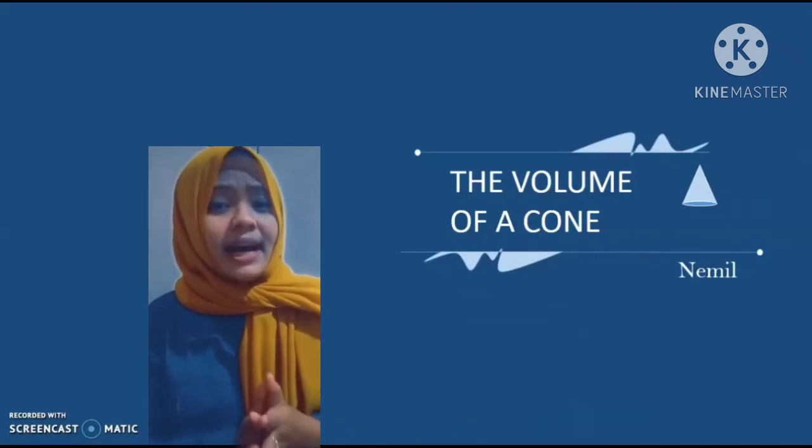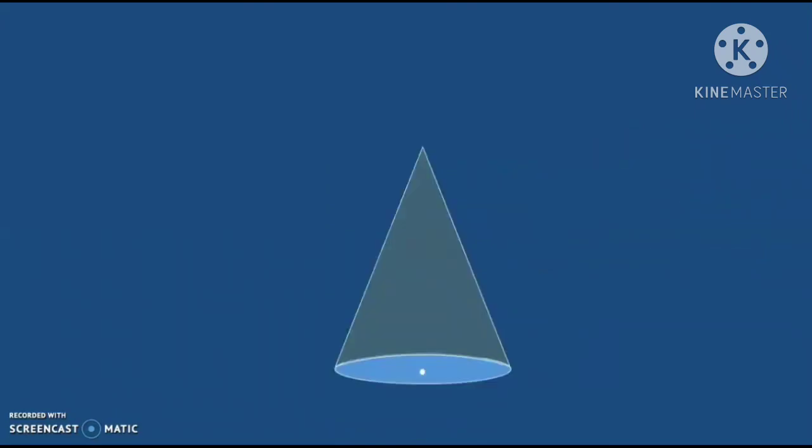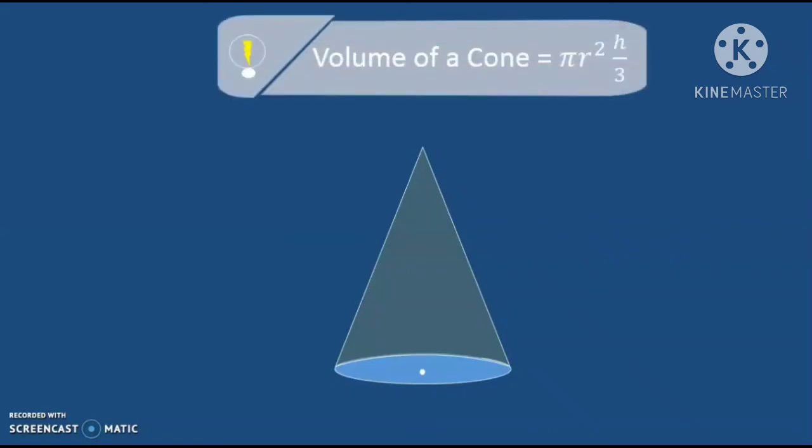Next, we discuss the volume of a cone. Let's kick this video off with the formula for finding the volume of a cone. So, the volume of a cone is equal to πr² times height over 3. Now, when you are finding the surface area of the cone, you are looking for the slant height.